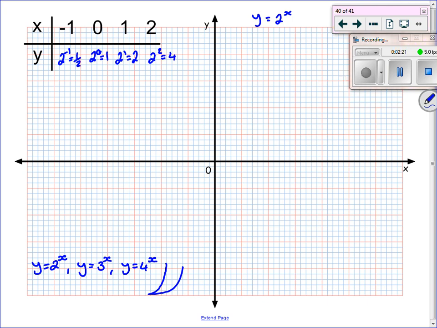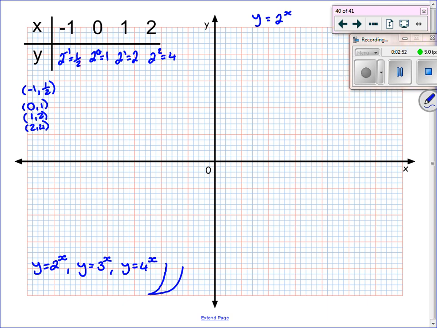So I've got these coordinates here. I've got the point minus 1, a half. I've got the point 0, 1. I've got the point 1, 2. And I've got the point 2, 4. So let's plot these then. So if I'm going to put my scale in, let's say that my scale goes like this.